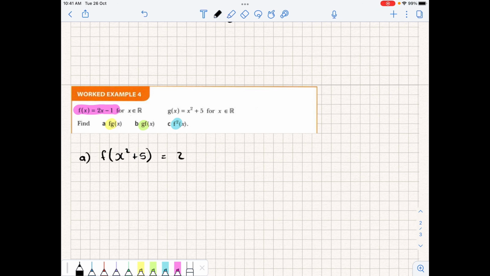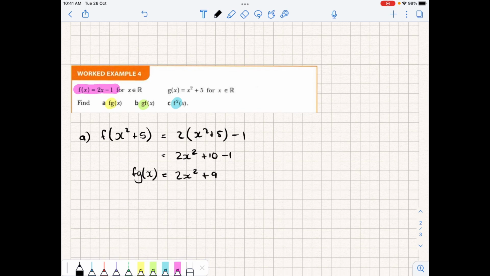So we have 2, and we're going to replace the X with X squared plus 5. And then we're going to subtract 1. Okay, we're just going to simply expand the brackets out. So we're going to get 2x squared plus 10 minus 1, which we can simplify as 2x squared plus 9. So that is our composite function f g of x.